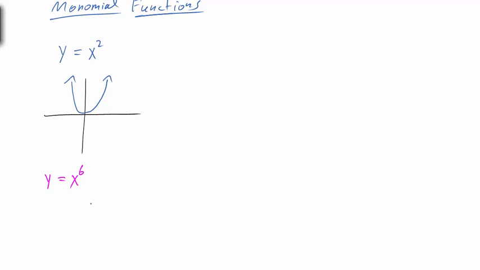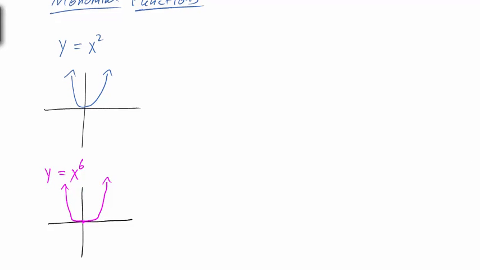Well, we're going to notice that if we just have this one single term, if we're raising it to the sixth power, you're going to have a similar parabola, but as we get closer down here to the x-axis, the graph is going to flatten out. And I'm going to exaggerate this a little bit. You can always put this in your calculator, and your graph is going to come down here and flatten out as we get closer and closer here and then go back up.